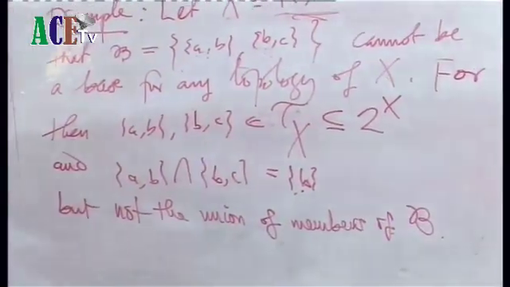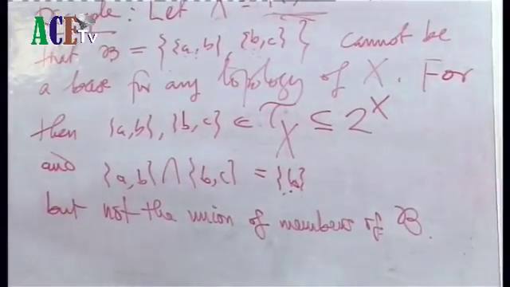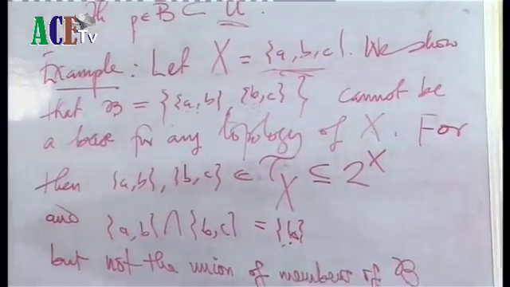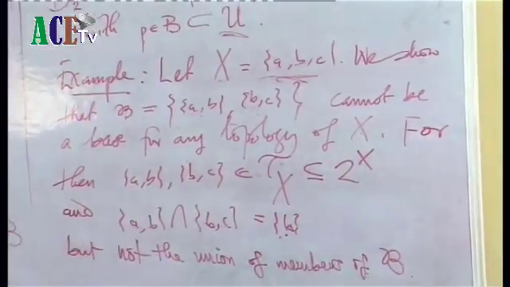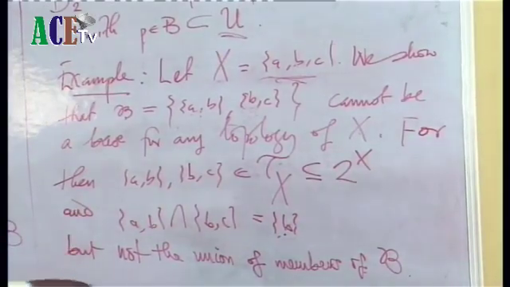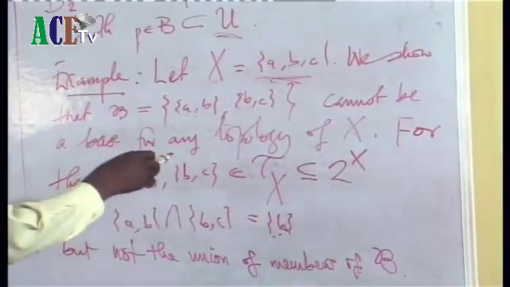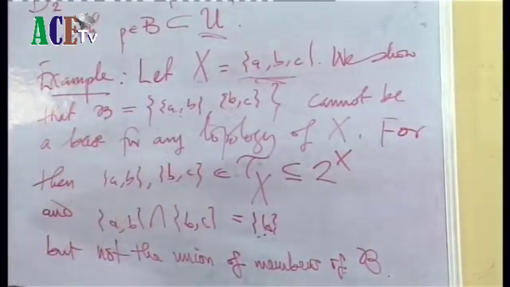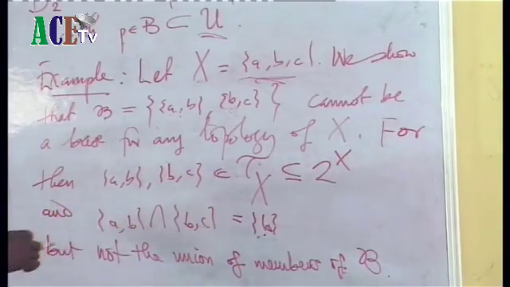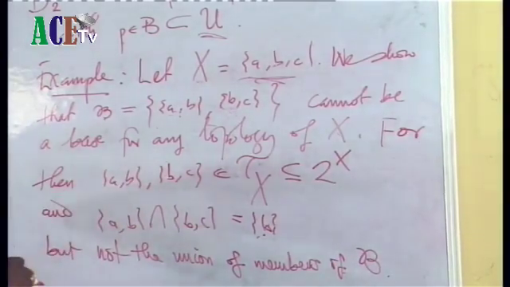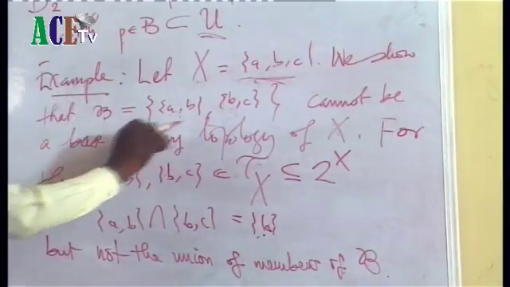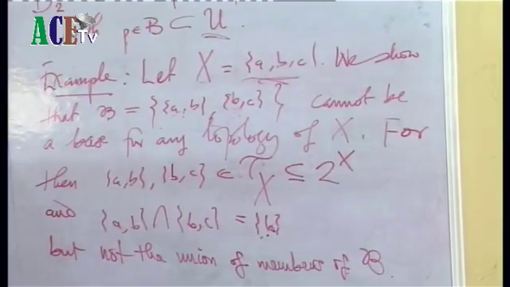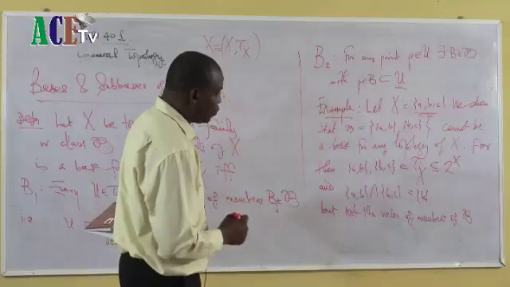But the question we want to ask ourselves is, can we always find a point in any other open set in X for which that point will be in the basis, and then the basis will be a subset of U? Let's take a look.